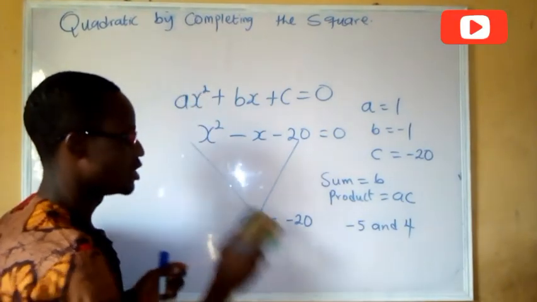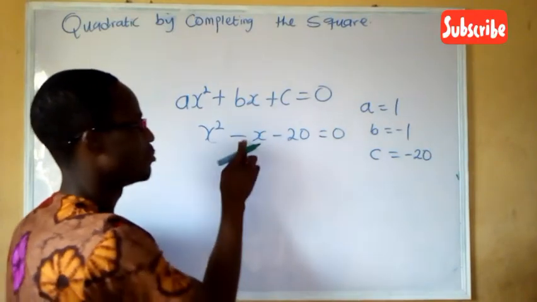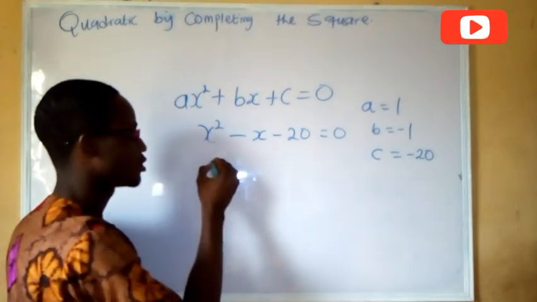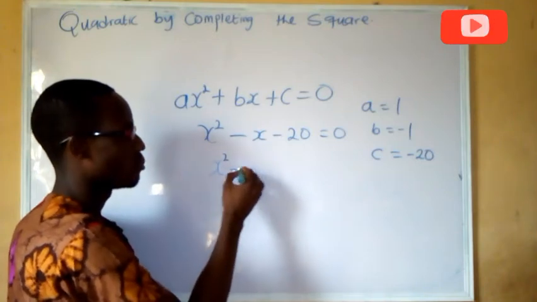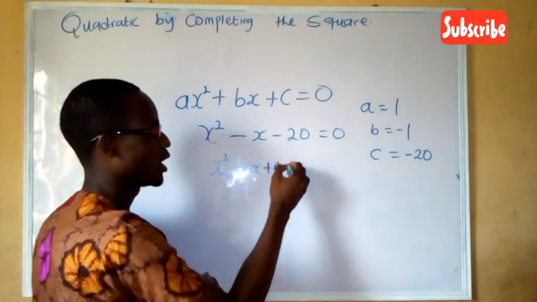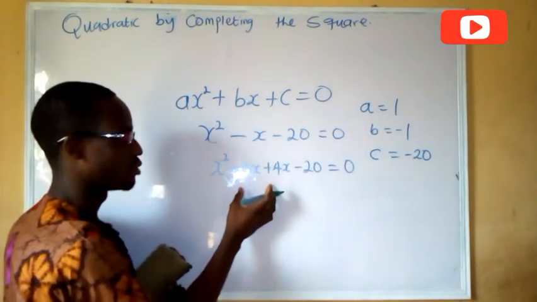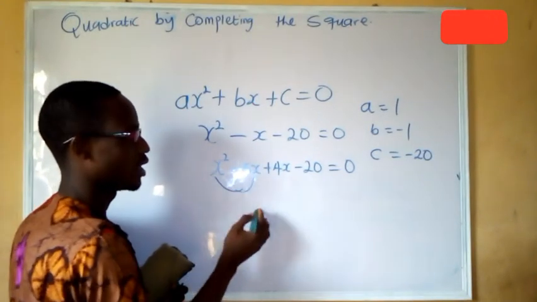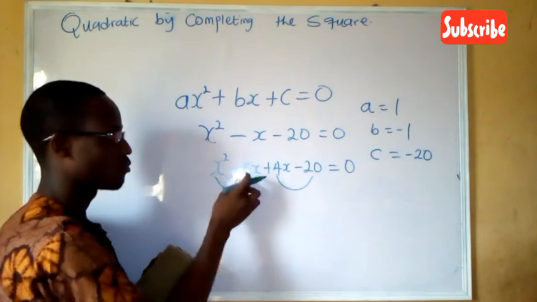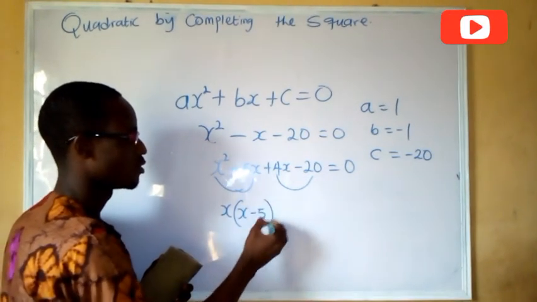After getting this, the coefficient of x, which is b, we turn into these two factors. So then we have x squared minus 5x plus 4x minus 20 all equals 0. Then I can group this together, then group this together. I have x, factorizing this into bracket, x minus 5.